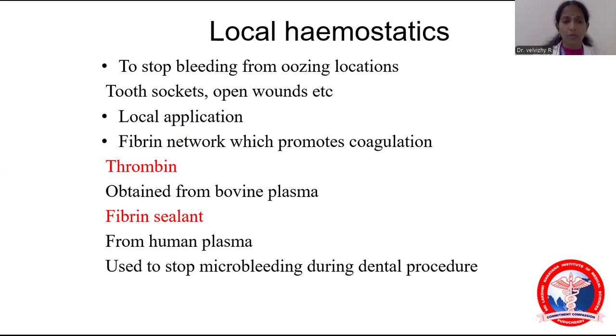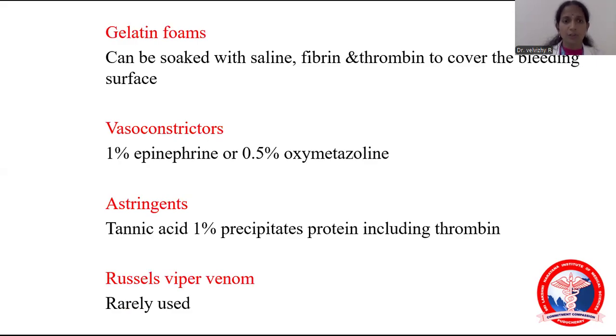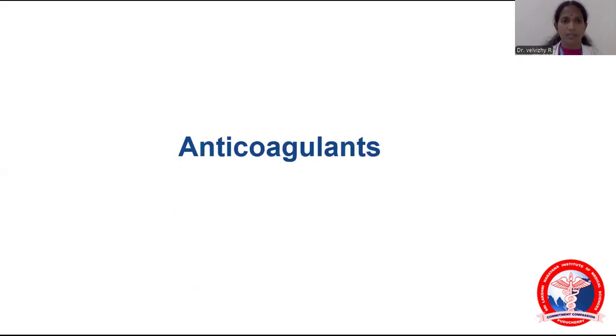This is mainly used to stop bleeding from dental procedures. Gelatin foam also we have. Then vasoconstrictors like adrenaline can be used to control bleeding from the nasal cavity, like epistaxis. Then astringents like tannic acid and Russell viper venom we are not using nowadays, but these also can be used as local hemostatics.